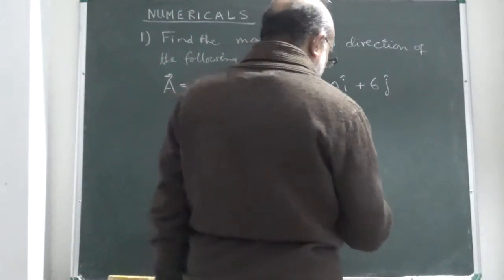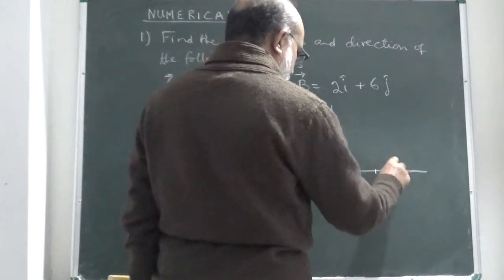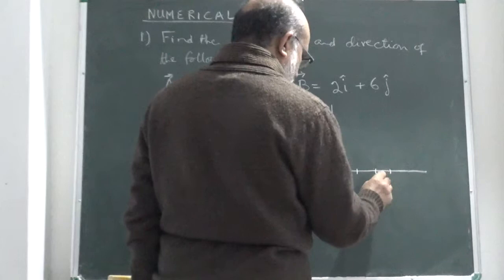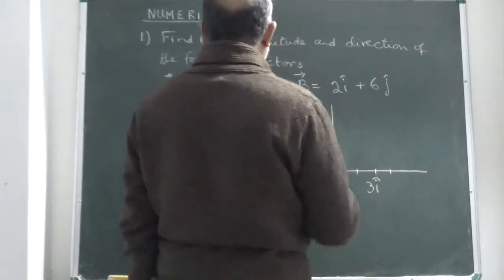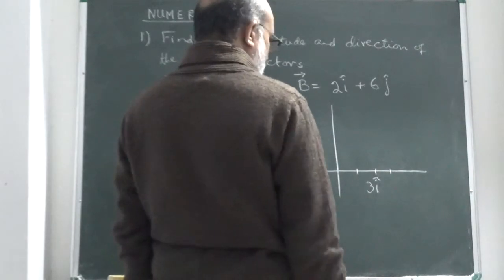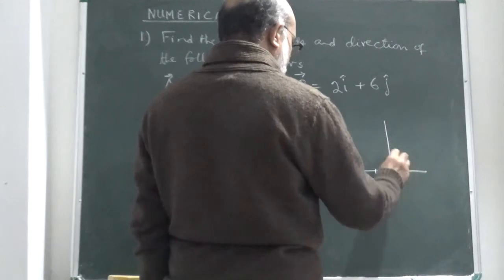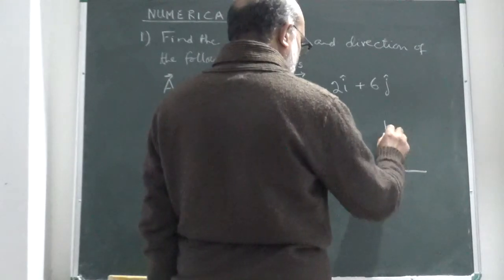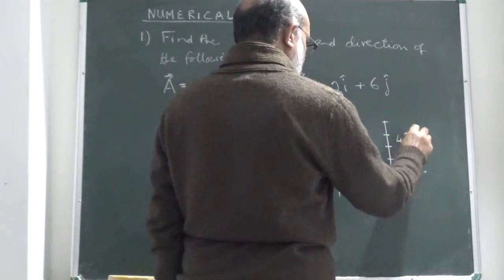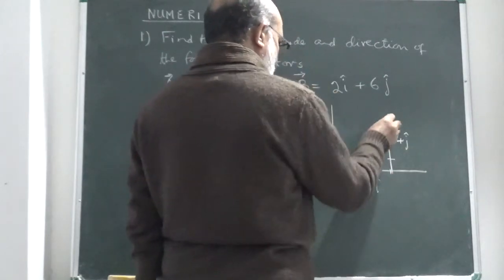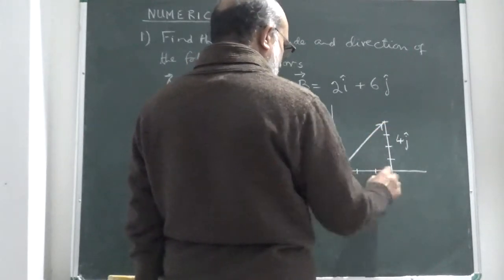Suppose this is your xy axis, 3i means one unit vector, 1, 2, 3. And 4j means along the y-axis it has components 1, 2, 3, 4. And the vector A has two components, 3i and 4j.